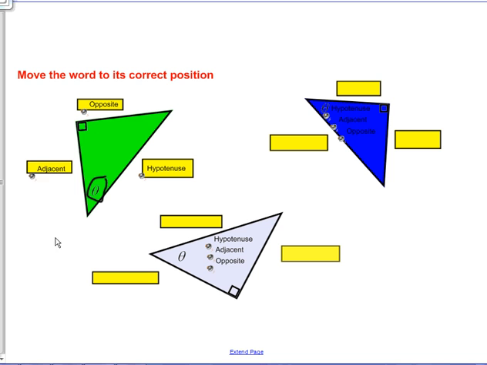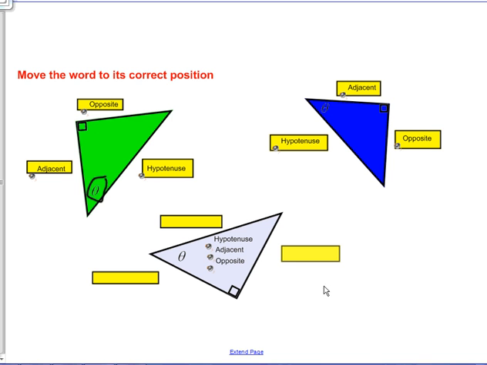If you thought this one would be adjacent, you're also correct. So right away we know we have the hypotenuse. The angle I'm looking at is right here, so what's next to it, or adjacent, is up here. And last but not least, opposite.